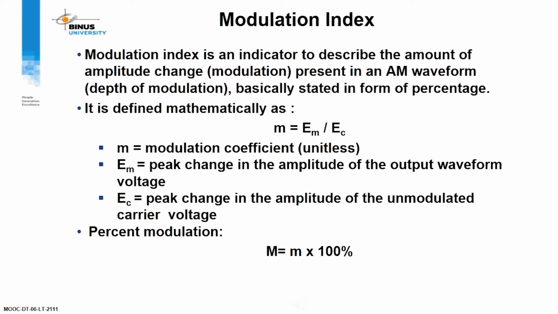Em is the peak change in the amplitude of the output waveform voltage. Ec is the peak amplitude of the unmodulated carrier. Percent of modulation, capital M, equals m times 100%.